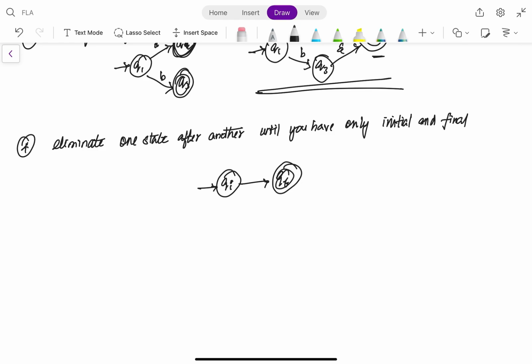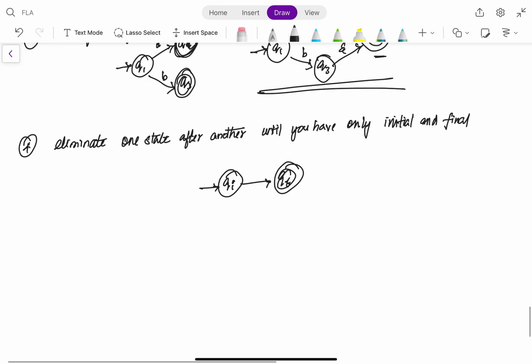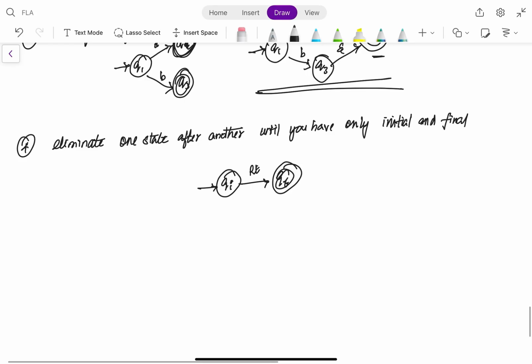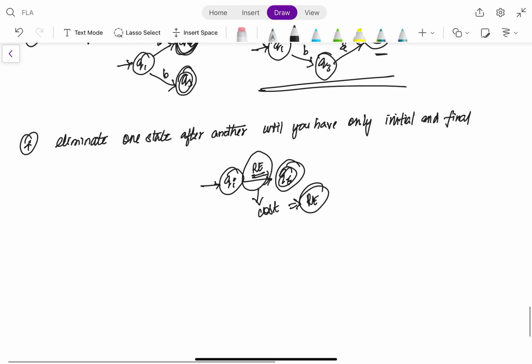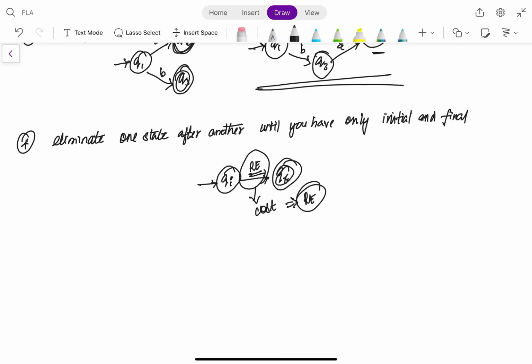This should be your final step. Whatever expression you get here is called the cost, and whatever cost is here, that is your regular expression. Now, if you see an example, you will understand better.